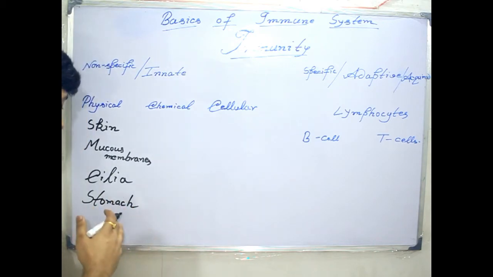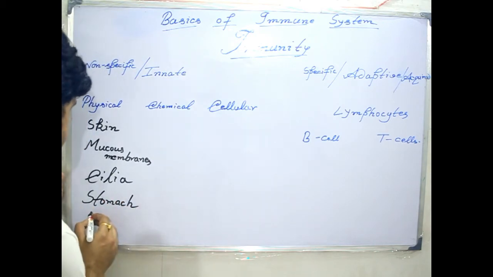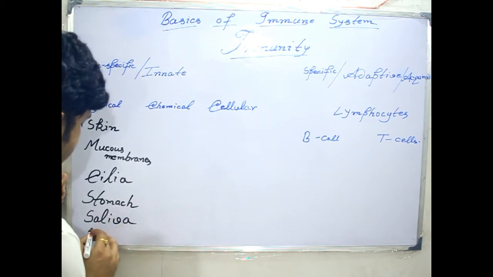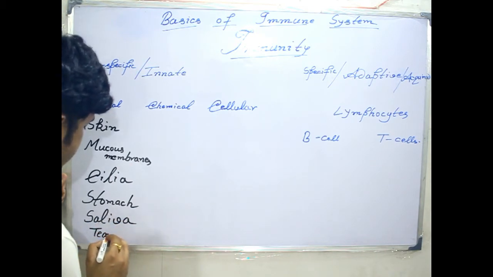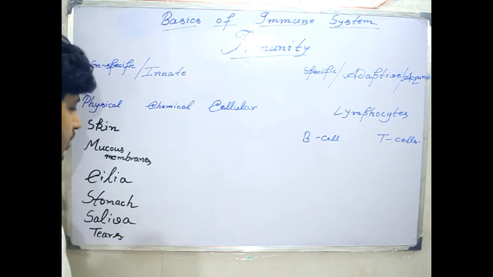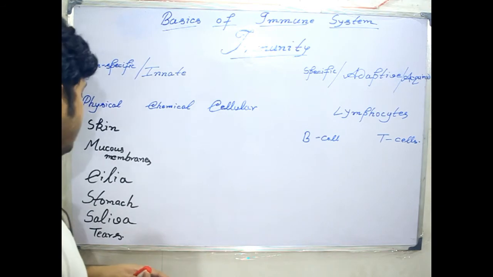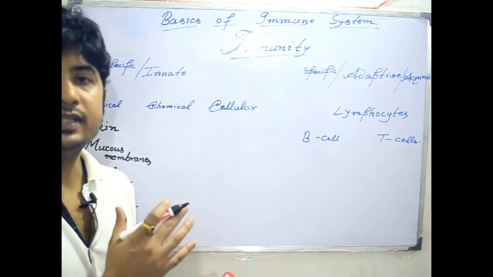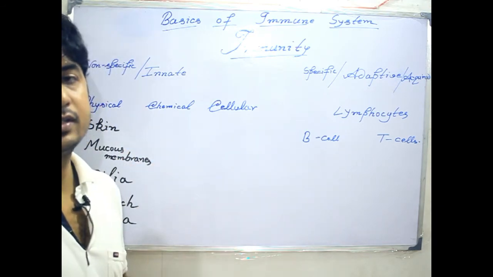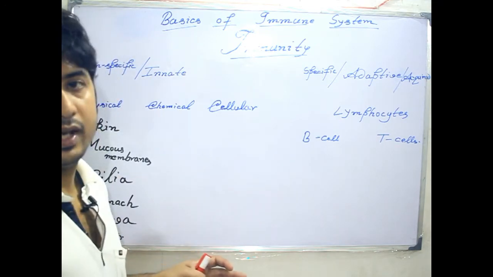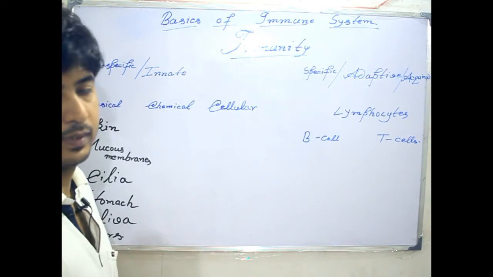Next, you can say saliva and tears, all are anatomical barriers. This kind of barrier is already present when you are born, that's why it is innate, and I told you why it is non-specific.